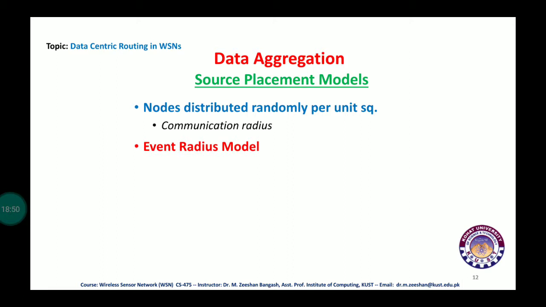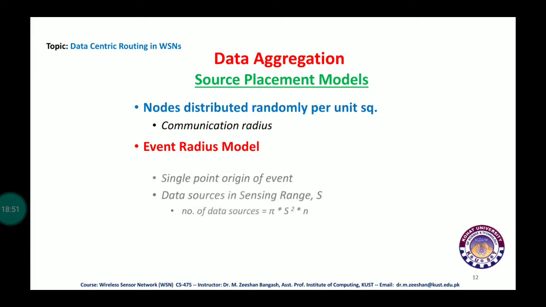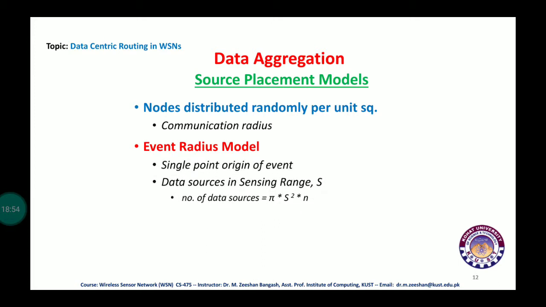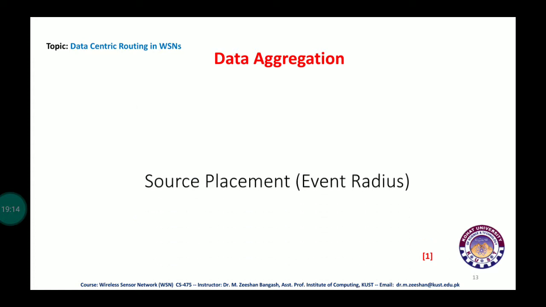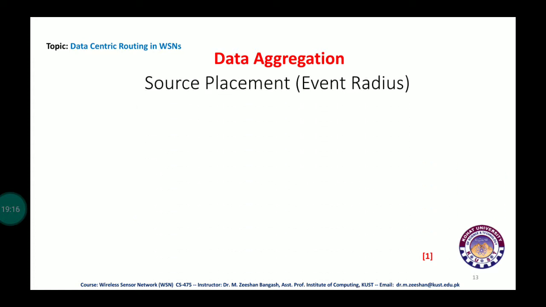The second is the event radius model, with a single point of origin of the events, and then the data sources are within the sensing range S. And the third is the random source model, where k nodes are randomly distributed as sources. And another one is the source placement event radius.